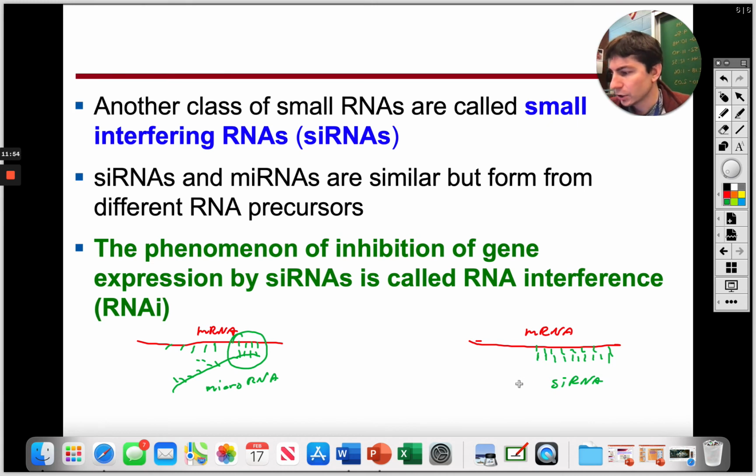It's just a non-protein coding strand of RNA, and when it's transcribed, we get this small RNA, this siRNA, and it has some type of function to it. And that function for this one would be to block our translation from occurring. So that's siRNA.